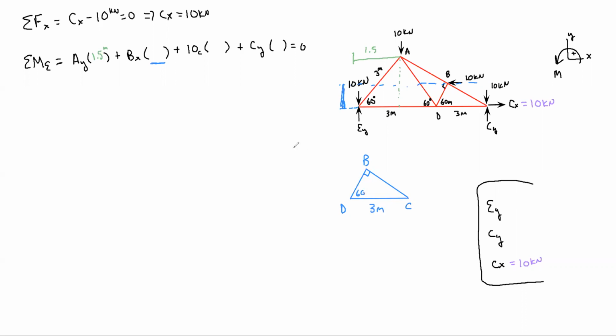If that's true, then the length of DB is 3 times the cosine of 60, which would be 1.5 meters. Now I'm dropping a perpendicular down from B. That's the distance I need. We know BD. We just calculated that.